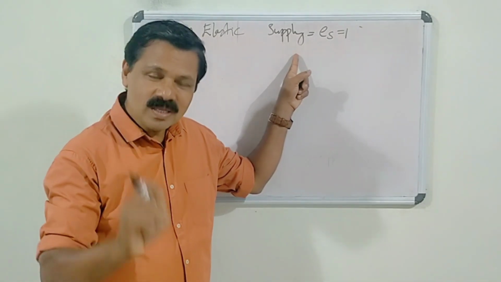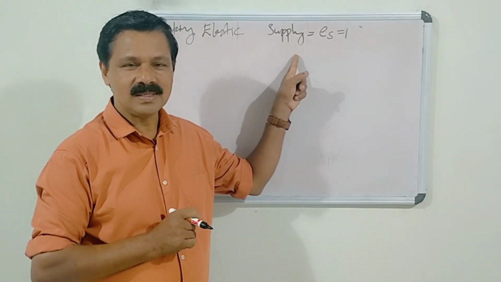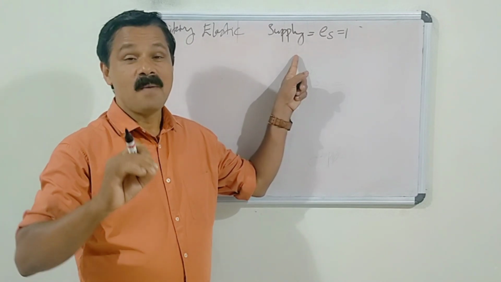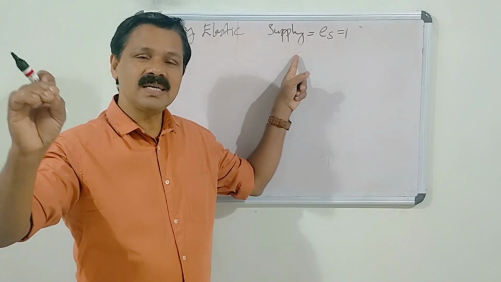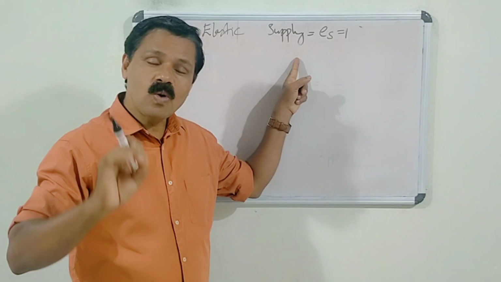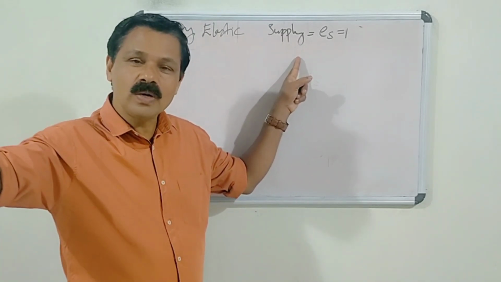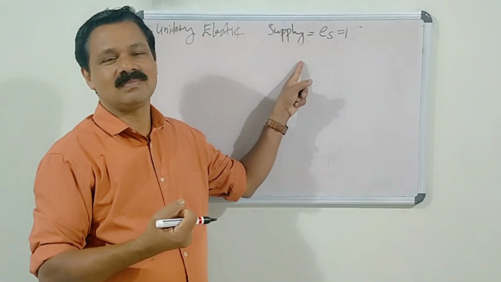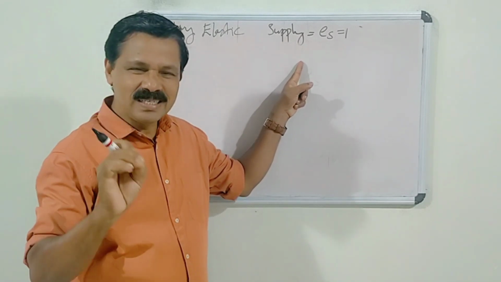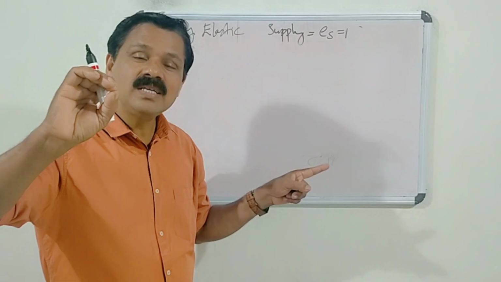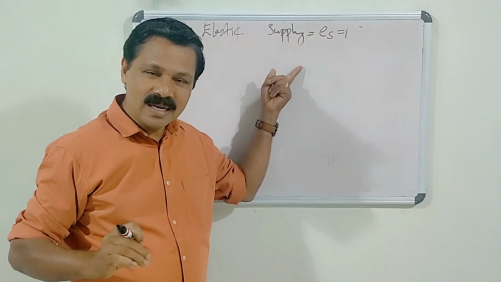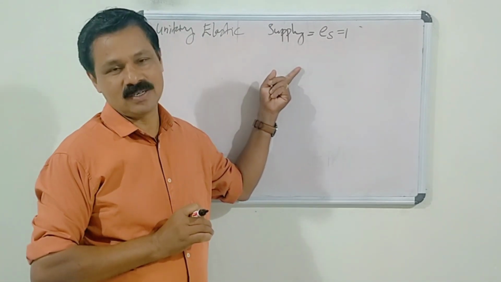By unitary elastic supply we mean that as and when the price of a commodity increases, the quantity supplied or offered for sale will also increase by that much. There is a directly proportionate change in the level of prices and the quantity supplied.